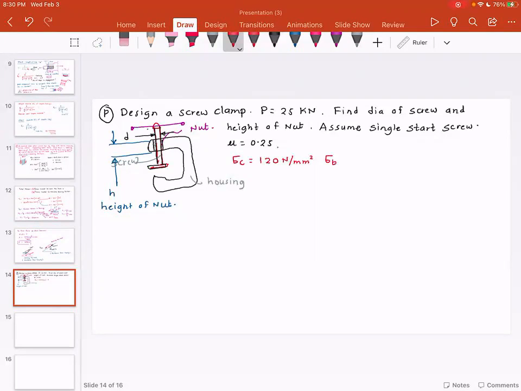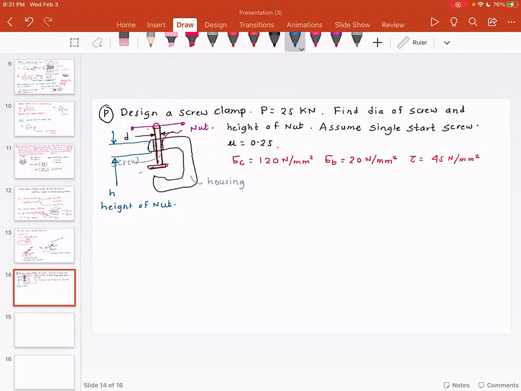Sigma B is equal to 20 Newton per millimeter square. And then tau is equal to 45 Newton per millimeter square. So in this case, they have given us the values of sigma C, sigma B, and tau. So I just want to show you how this can be used in a particular application.